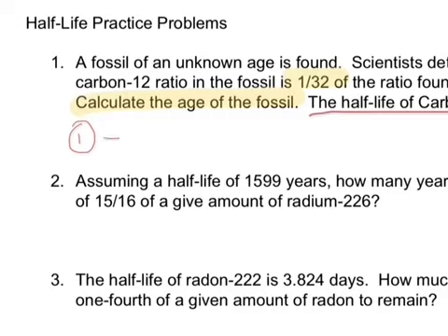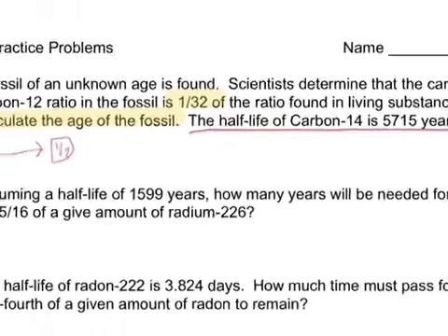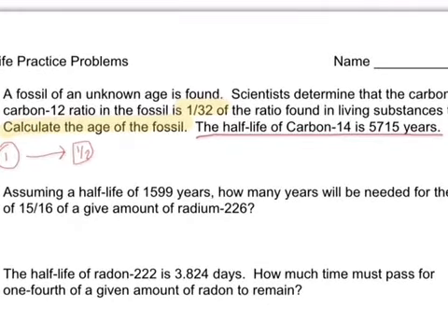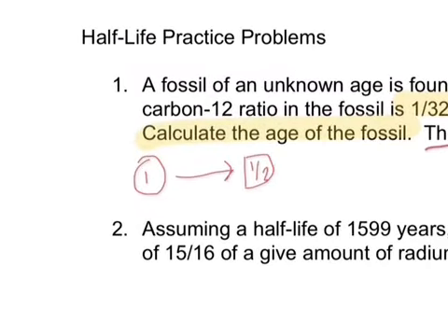piece, right? And after a half-life, I'm going to have half of what I started, 1/2. Now, how long does that take? Well, my half-life for carbon-14 is 5,715 years. I underline that. So for every time I go through one of those half-lives, it's been 5,715 years.